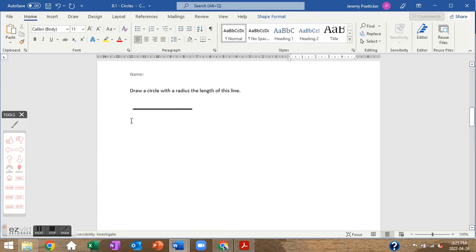And so same thing, you're going to set the pokey end at one end, pencil end at the other. I always mark on my page with a little X or a little plus sign or a little cross. Try to actually have the lines meet in the middle where the center of my compass is going to go. That way, if it moves, I can always find out where it was easily.